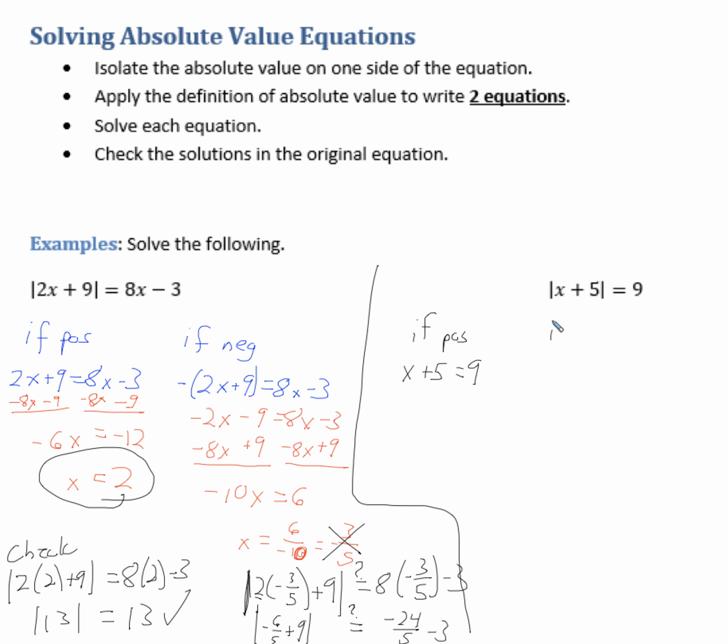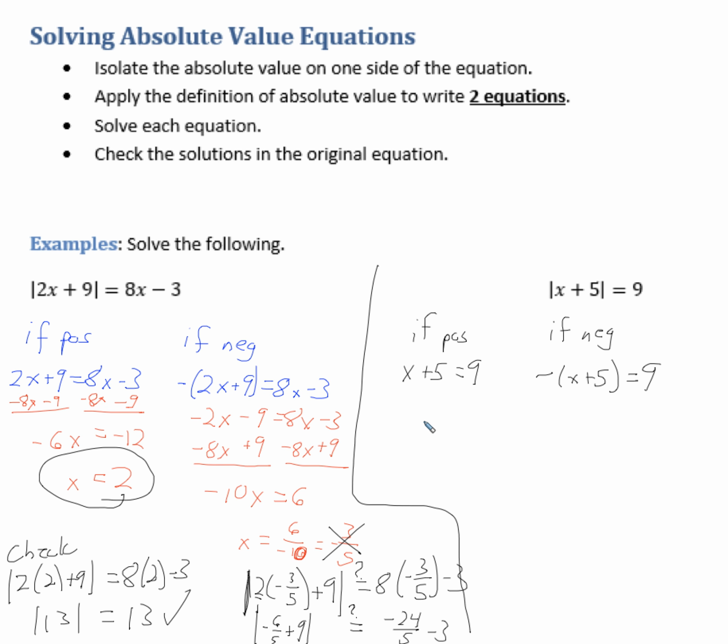And then if negative x plus 5, if x plus 5 is negative, the absolute value of it is the opposite. So we need to do the opposite of x plus 5. Equals 9. And then we solve each of these individually.